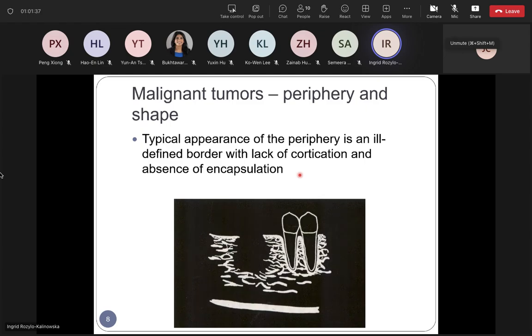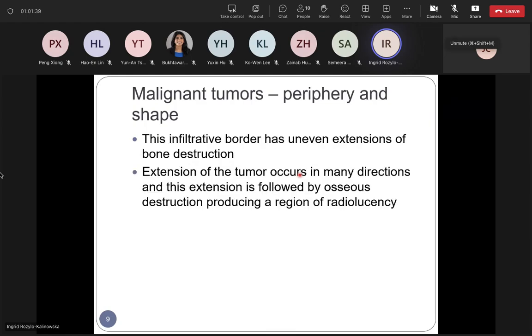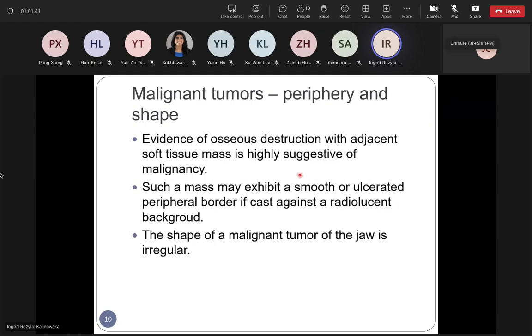If you see bone destruction and also the shadow of a soft tissue tumor, it's highly suggestive of malignancy.